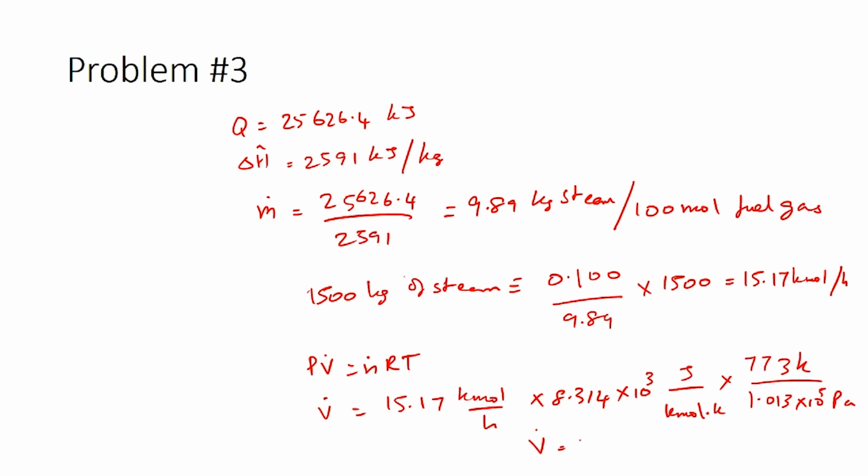So, V dot would be equal to 962.4 meter cube per hour. So, 962.4 meter cube of fuel gas has to be burnt per hour for us to get 1500 kilograms of steam with the given conditions.